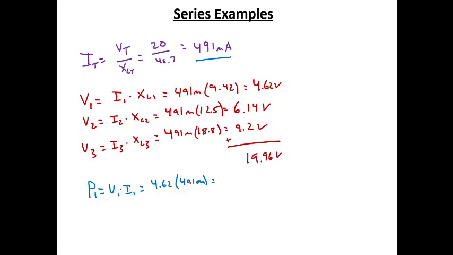All right, so let's do that on my calculator. 4.62 times 491 milli, and I get 2.26. And for this class, we could use watts. It's probably more accurate to say that this is a var, but if you use watts for this class, that's fine.